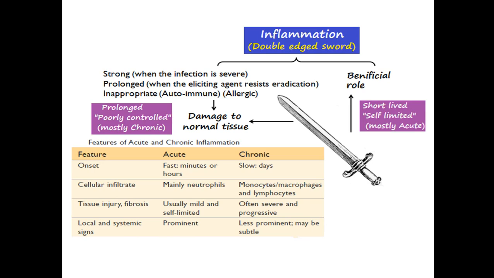Now, coming to the clinical signs and symptoms, in acute inflammation, pain and fever are very prominent, but they are less prominently experienced by patients in the chronic form, and sometimes a lot of time elapses before the patient develops signs and symptoms.